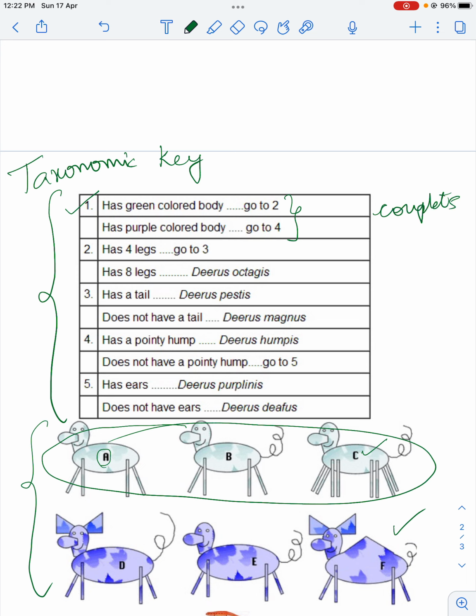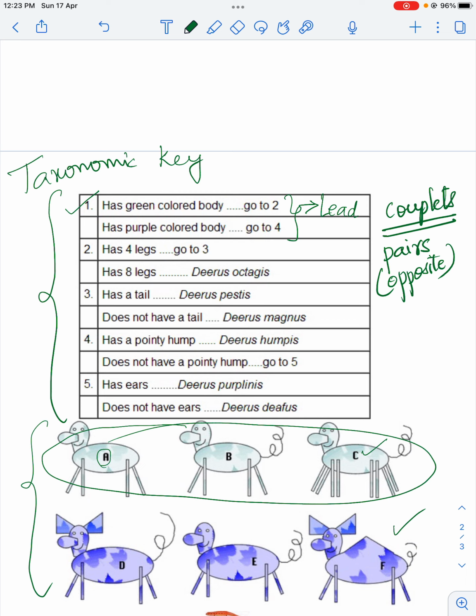Let me make it easier. Let me write it neatly. Couplets are those characteristics of plants and animals which are written in pairs, and they generally represent opposite characteristics. Then each one of these couplets is called a lead, because it is helping us make a way into classification of animals.